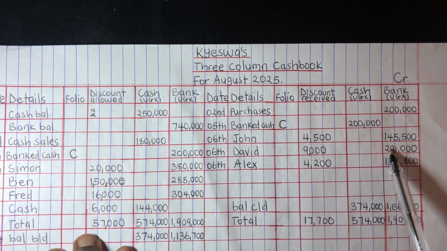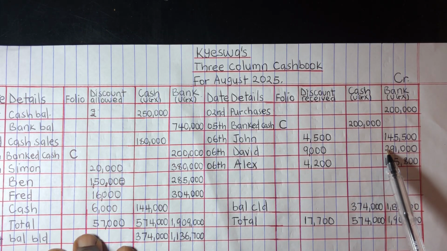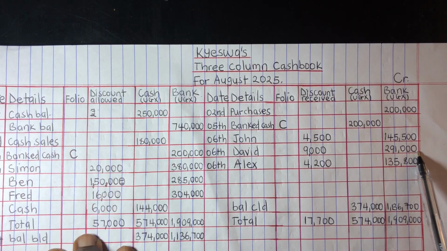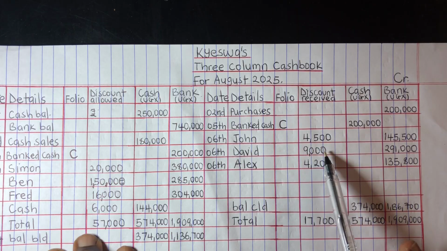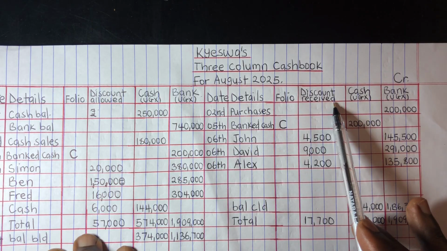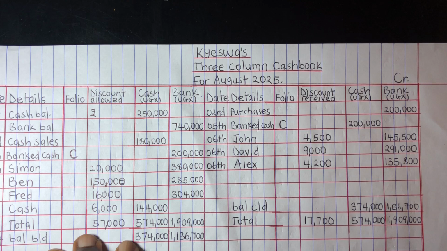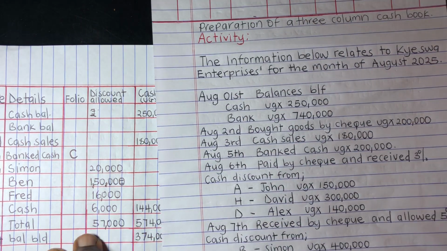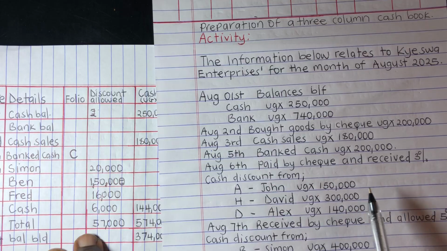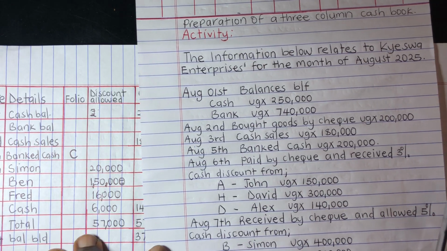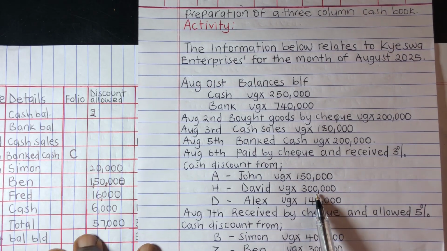Rather, Cheswa paid 291,000 because he was given a discount of 9,000. So this is how we do it. We apply this 3% to this amount of money, and then after getting the discount, we reduce it and then post the total here.